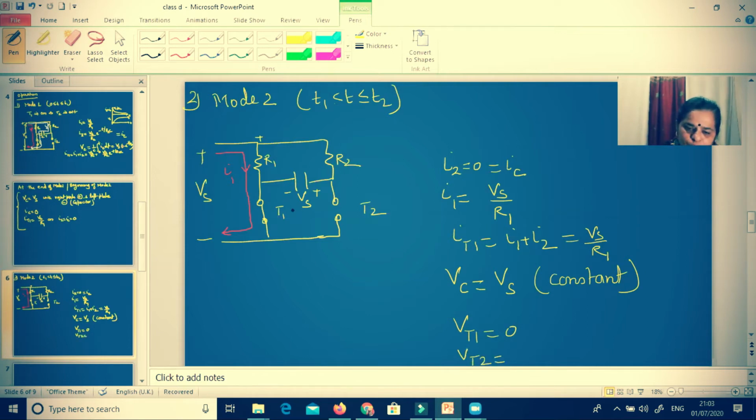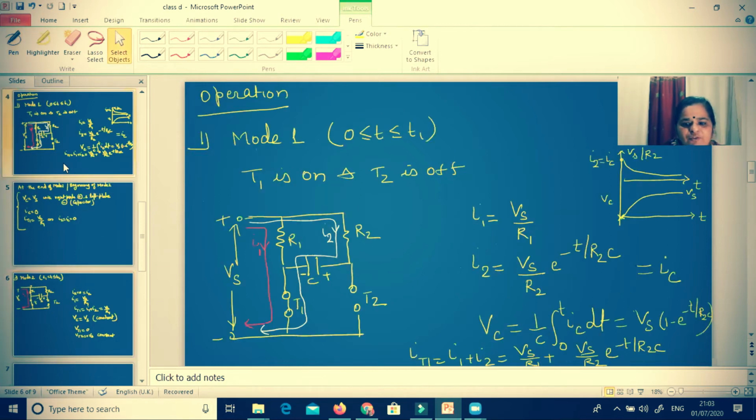Whatever the capacitor voltage is, through this T1 short circuit it is appearing to T2. Positive capacitor voltage is appearing here and negative here. So Vt2 is also equal to the capacitor voltage, plus Vs constant, as the capacitor voltage is constant in this mode. Why am I writing plus Vs? Because this capacitor voltage is appearing to T2 in a forward bias condition.